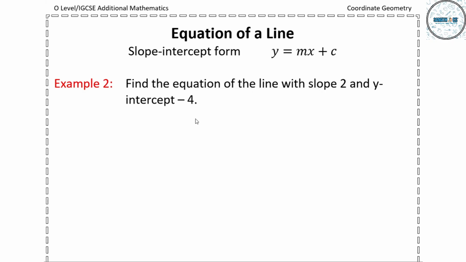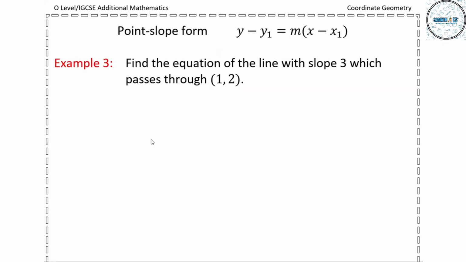We just need to substitute the values of m and c in y = mx + c. This slope is m, so m here is 2, and the y-intercept is c, so c = -4. When we substitute these values in the equation, we get y = 2x - 4.